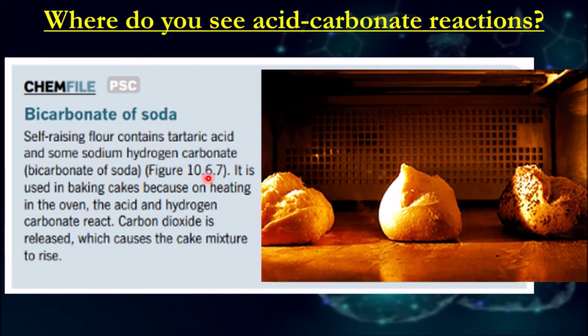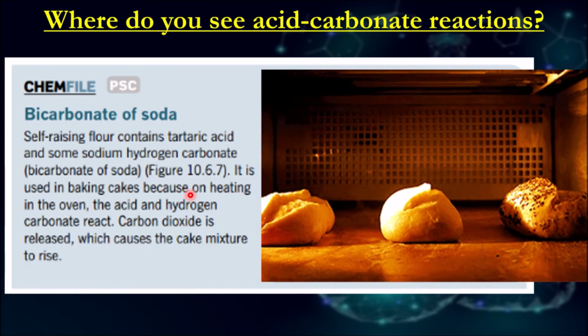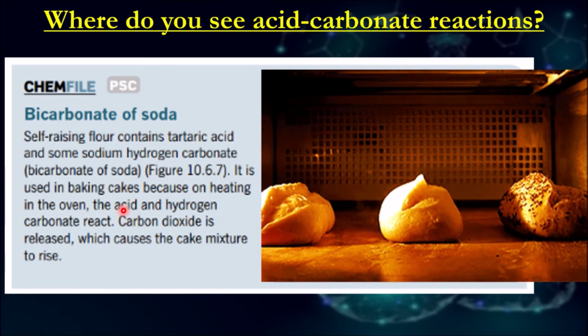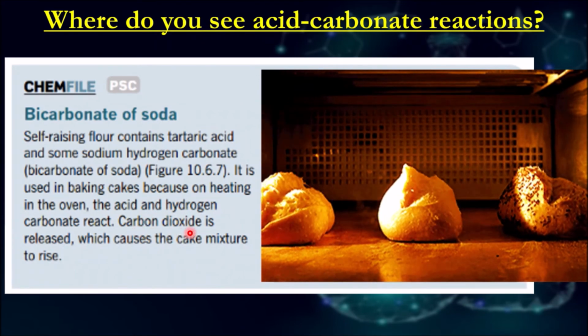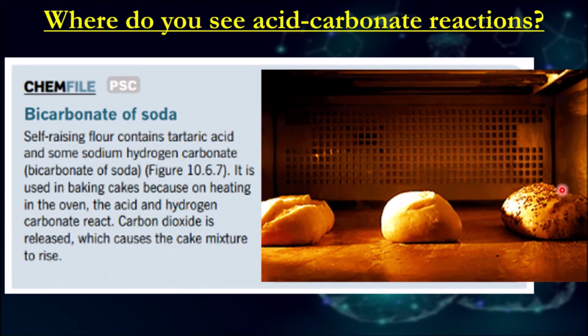When you put this in an oven, the heat allows this reaction to occur, so it needs heat to cause the collisions. In that process, carbon dioxide is released, and that causes your bread to rise, and also gives the texture of the air bubbles when you eat bread.